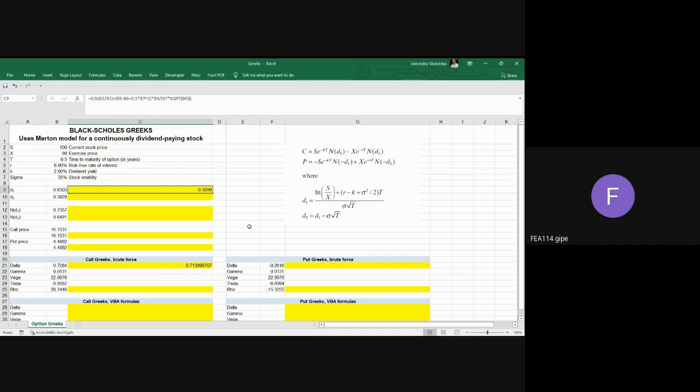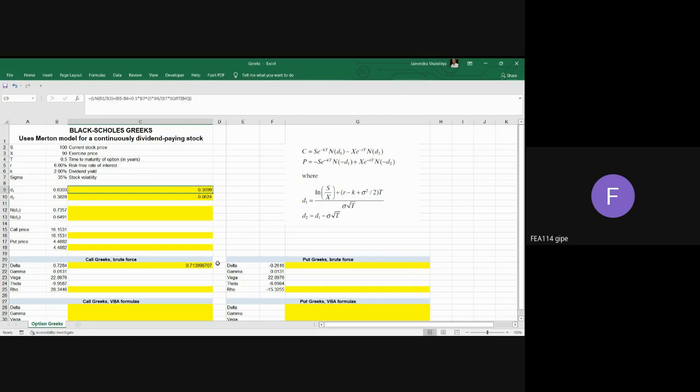But let me calculate D2 first and then see where it is. It looks like there is something wrong here.